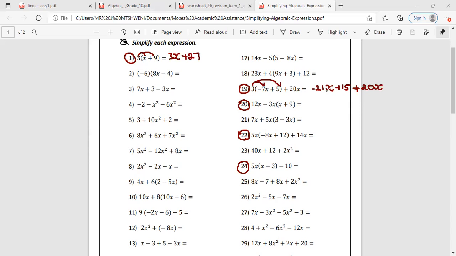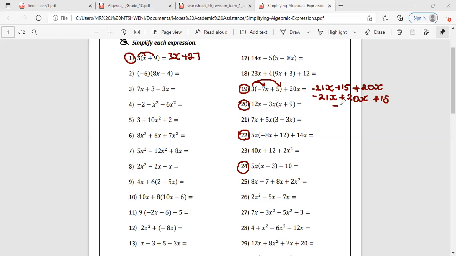Right, from here, you begin to group your like terms. I take negative 21x plus 20x plus 15. From here, what is negative 21 plus 20?